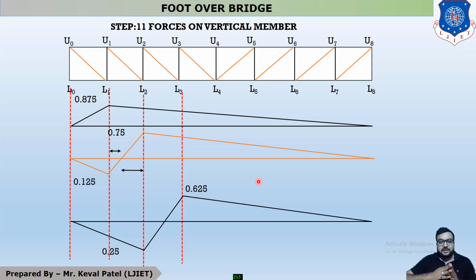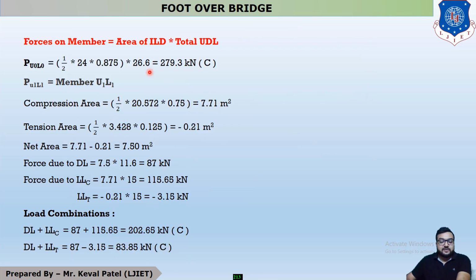Okay, so there are four members in which we have to find out forces. For the first member, our force is 279.3 kilonewton, and this force is the maximum force, because it was already discussed in our last lecture that for the second member, which is U1L1, some portion is in compression and some portion is in tension.